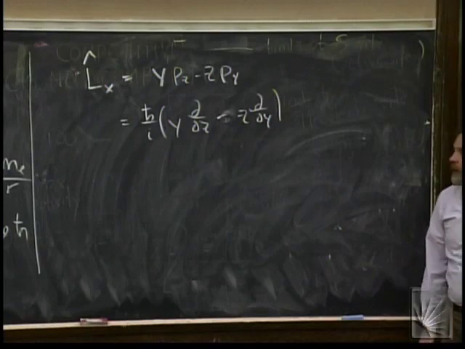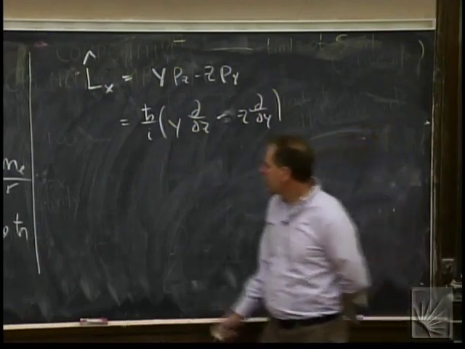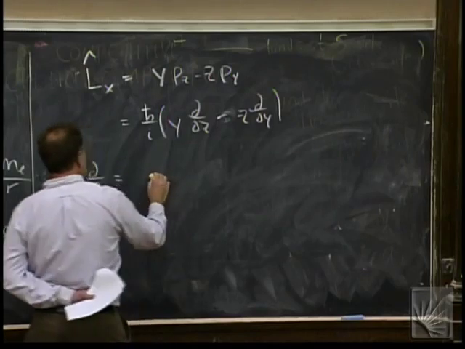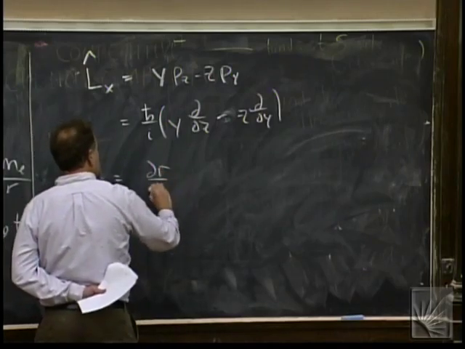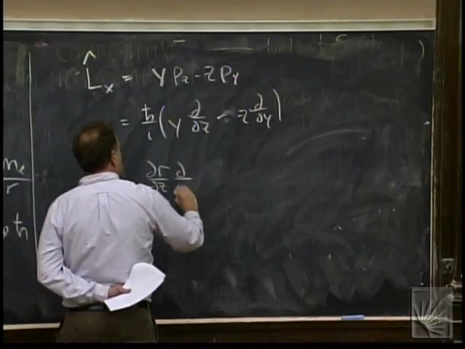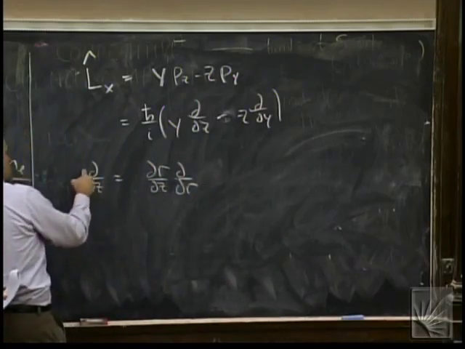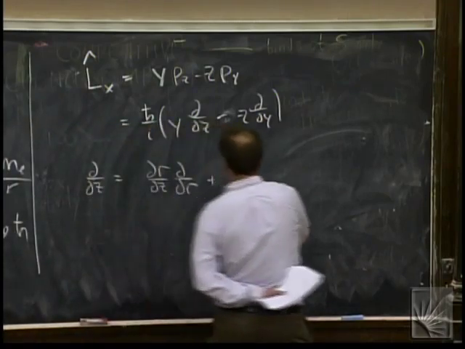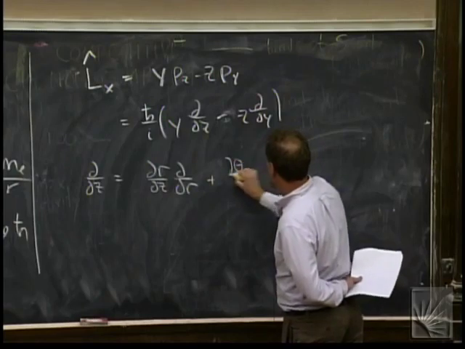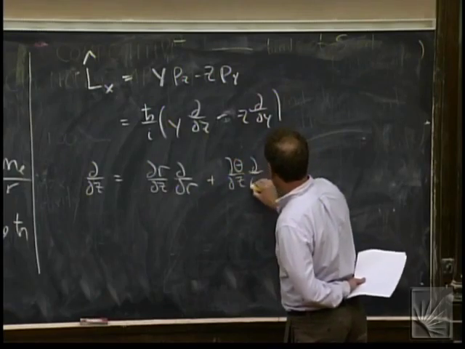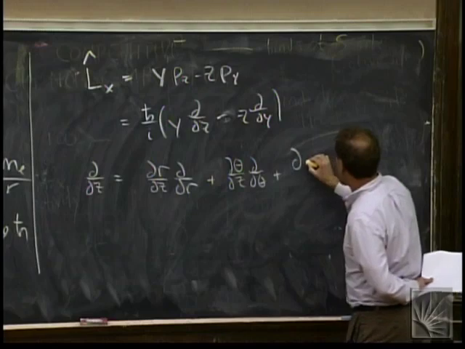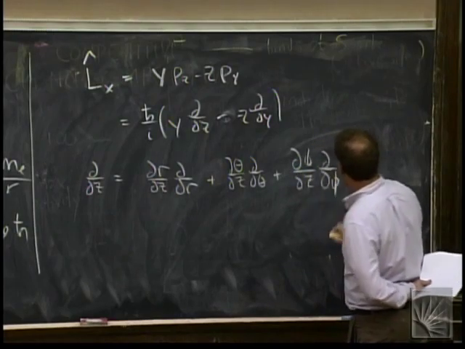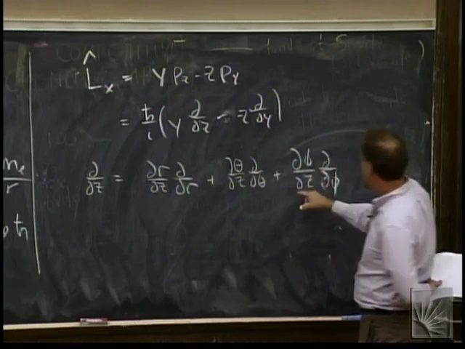But I've got the d by dz. Using the chain rule from calculus, d by dz is dr by dz times d by dr, so the z derivative is the r derivative with this coefficient out front, plus a theta derivative with that coefficient, plus a phi derivative with that coefficient.